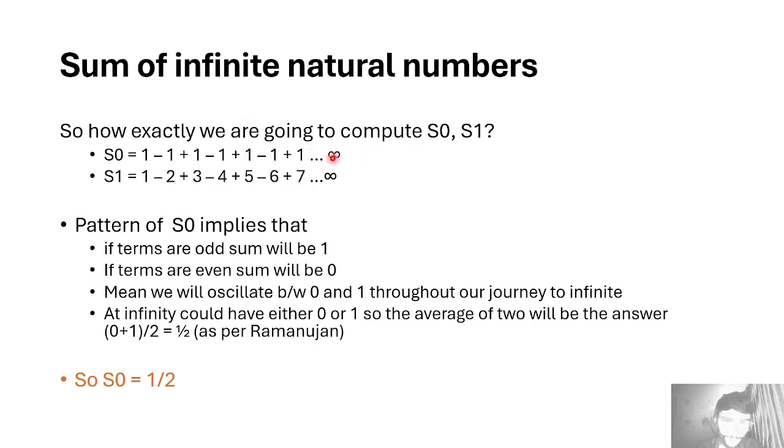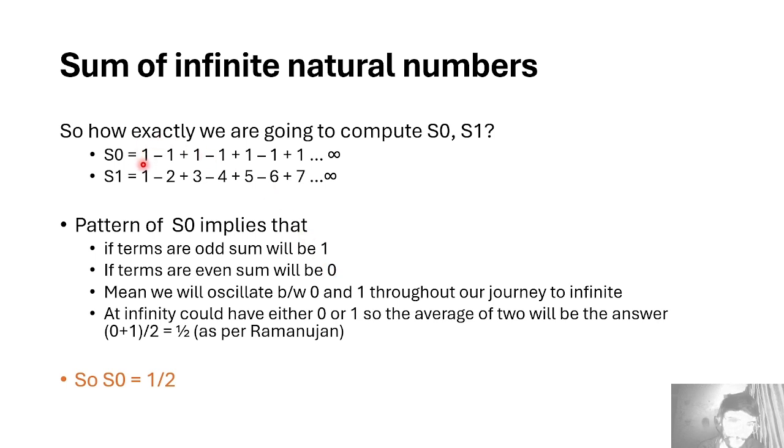So how exactly are we going to compute this? To compute S0, the infinite sum of this series, if you see the pattern here, if you have an even number of terms in the series, then the plus 1 will cancel out the negative 1, and the sum of the terms will turn out to be 0.